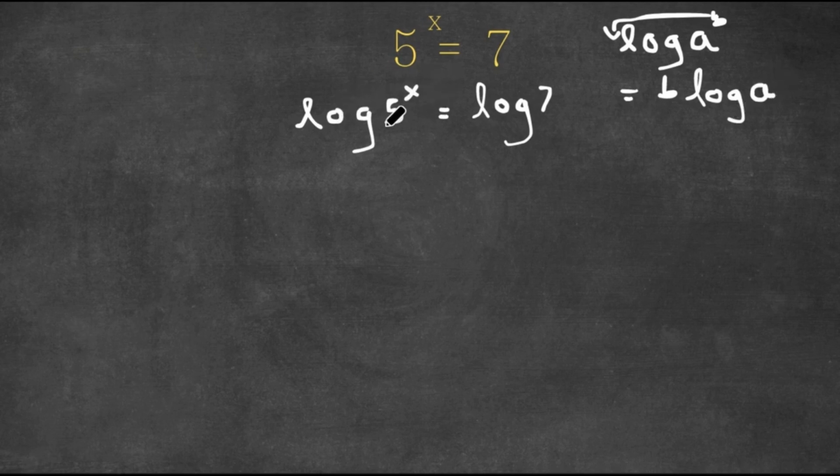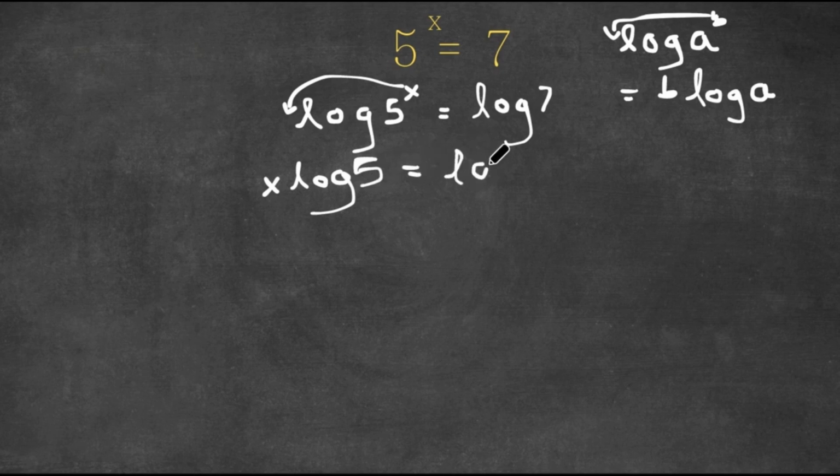So in this case, log 5 to the power of x, we're actually going to move the x to the front of the logarithm, because think of x as b. So now this is going to equal x times log 5 is equal to log 7.